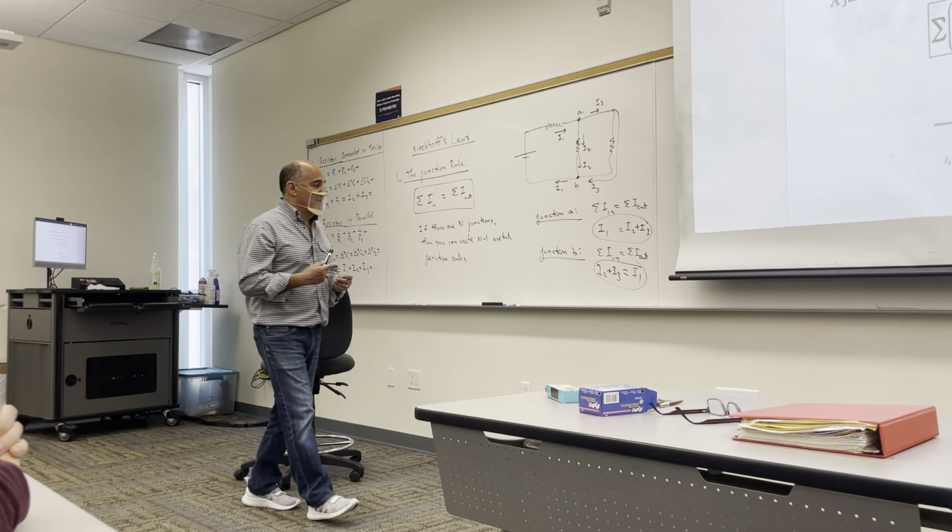So what do you remember? Well, what is the voltage across a resistor? Ohm's law, I times R. The question is, do you write plus IR or do you write minus IR? So you just remember, if you move in the same direction as the current, it's minus IR, because we label the direction of the current as being the direction of the electric field, as if the positive charges flow.